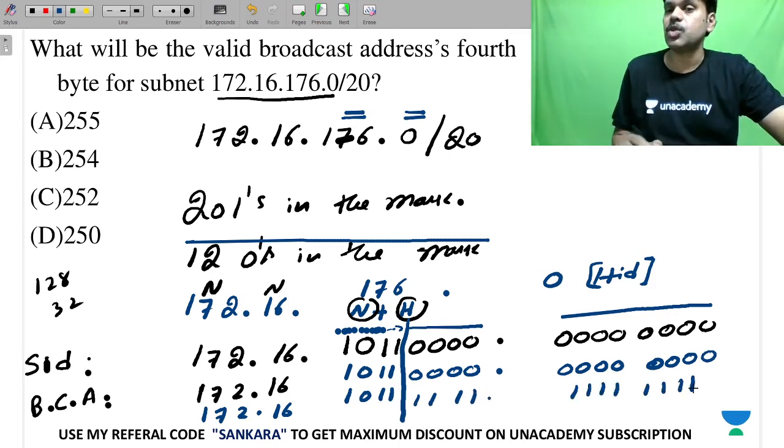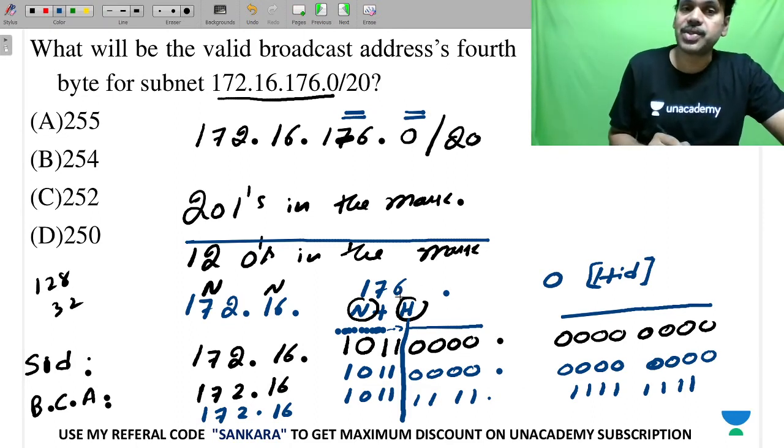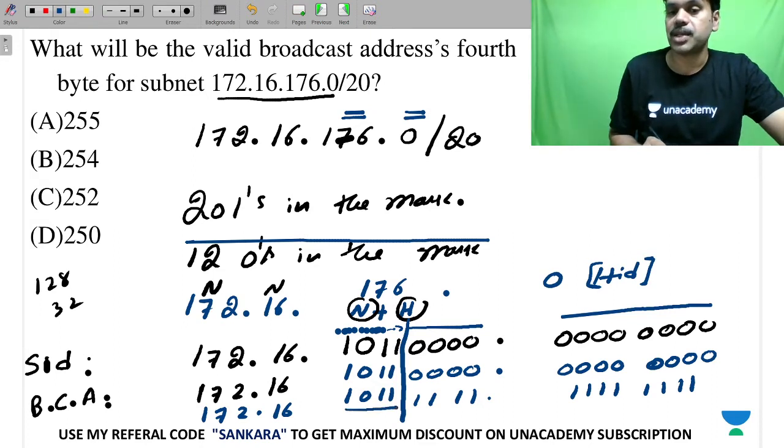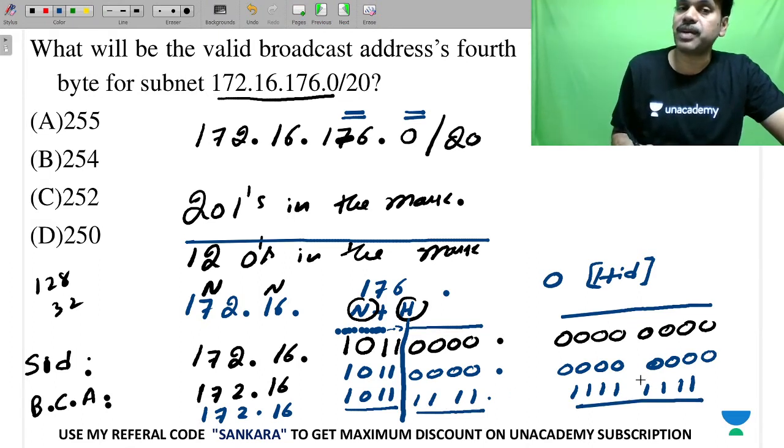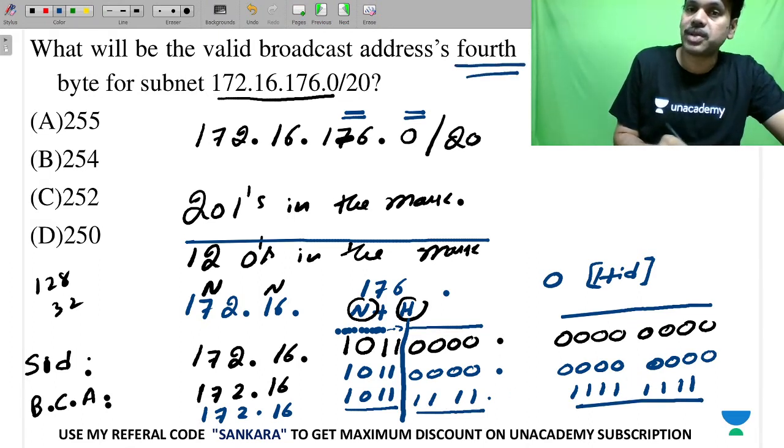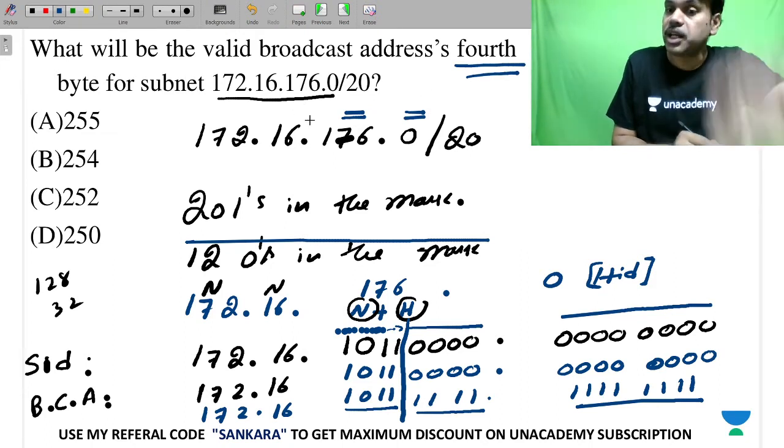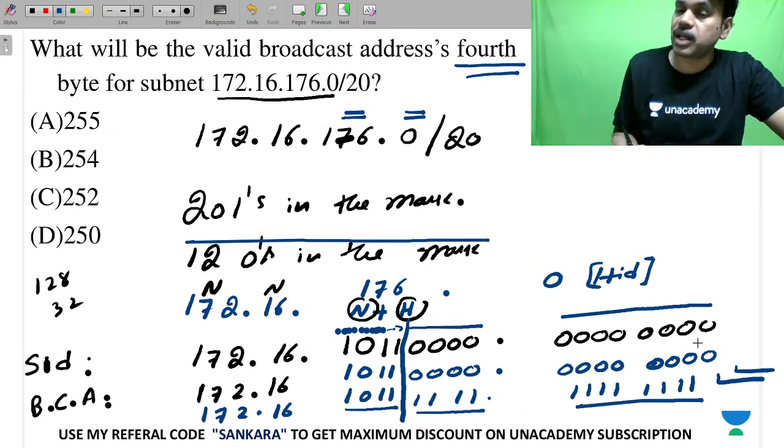That's it. So what is your answer? Your answer is 172.16.176 plus 15, 191.255. The fourth octet is asking for the valid broadcast address. This is your valid broadcast address.